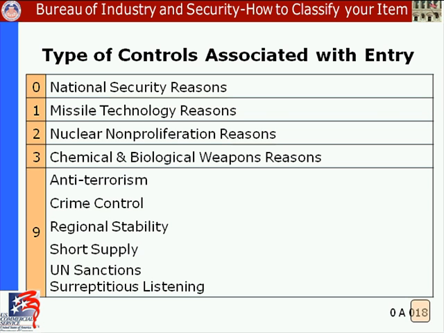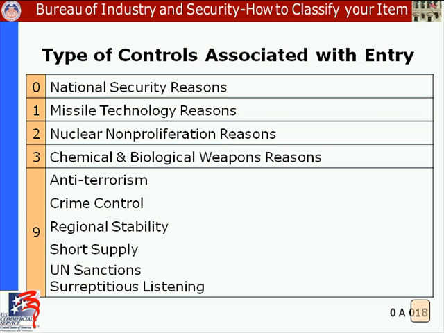We also control surreptitious listening devices. This is sort of stealing people's conversations, and we control this item because we don't want husband and wife to suspect each other. So we can also listen to the terrorist conversation.